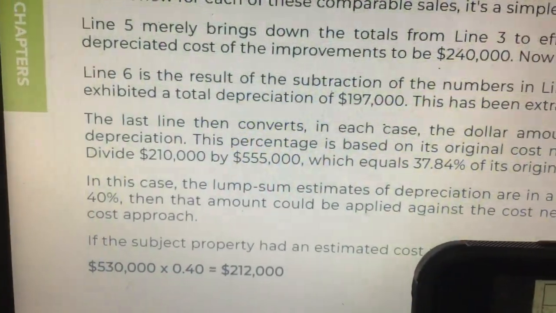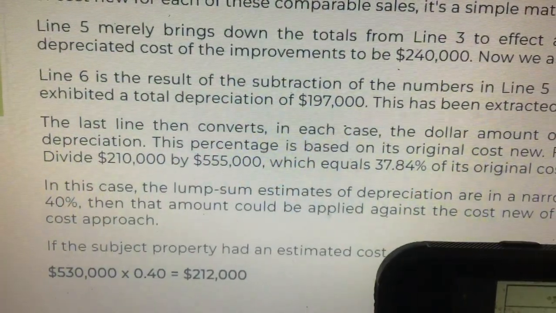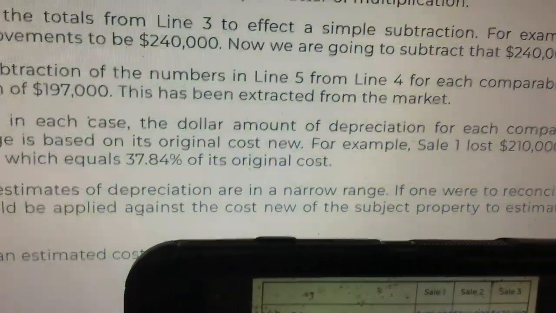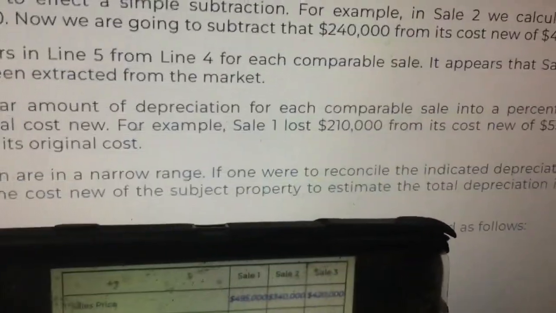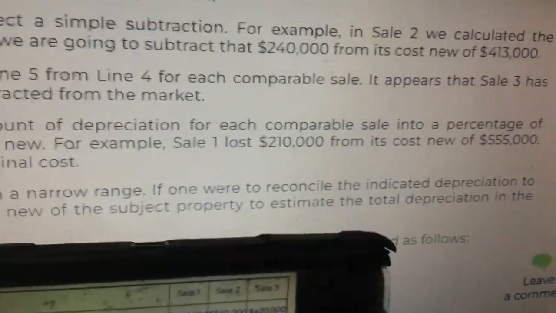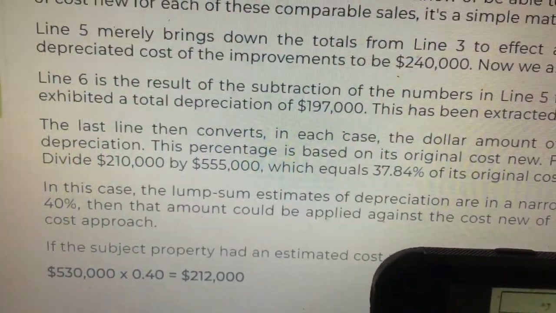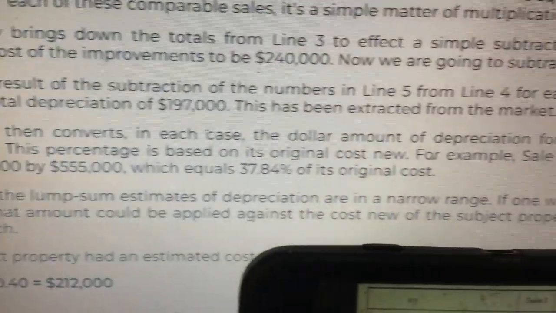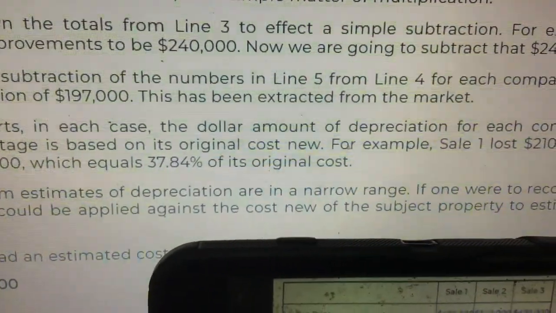The last line then converts, in each case, the dollar amount of depreciation for each comparable sale into a percentage of depreciation. This percentage is based on its original cost new.